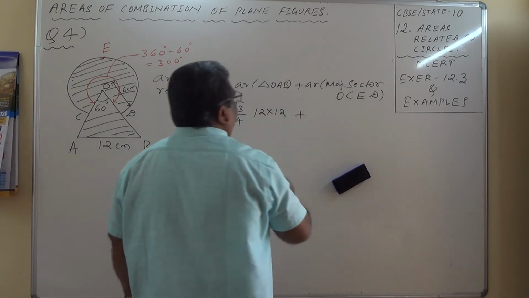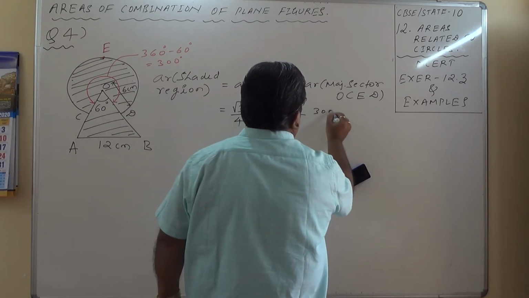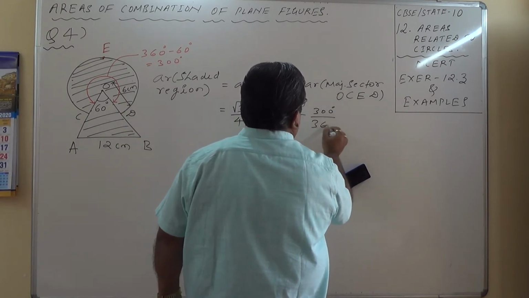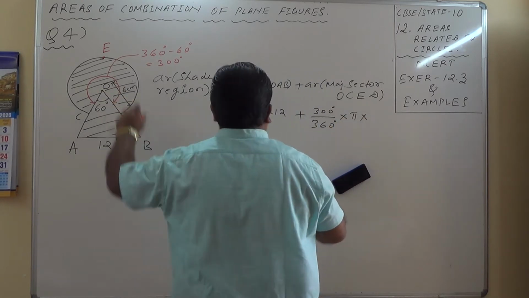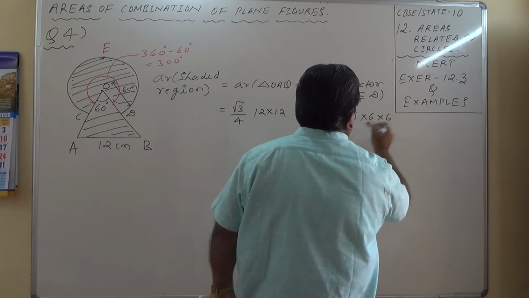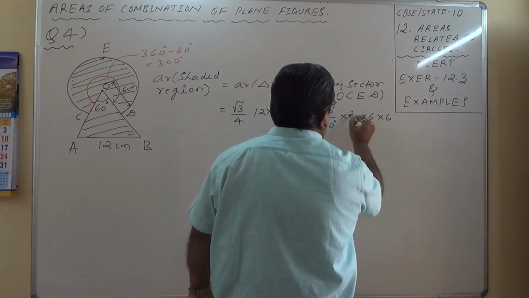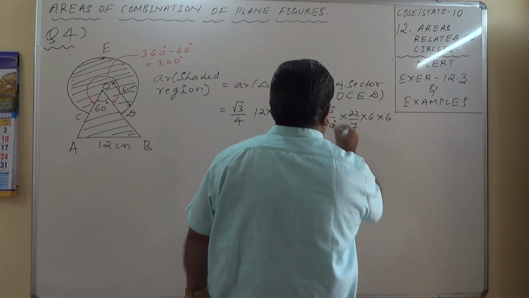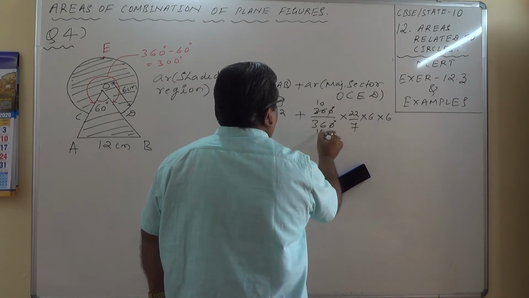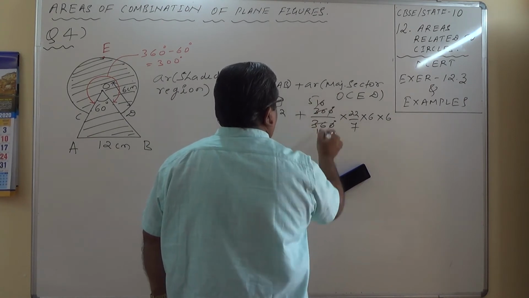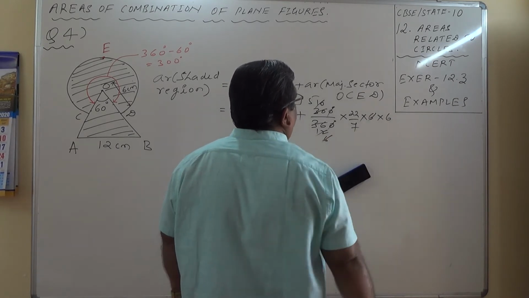Plus area of the major sector is 300 degrees divided by 360 into pi into r square. R is the radius, 6 into 6. And pi I will replace by 22 by 7. So here 3 12s are 36, 2 5s are 10, 2 6s are 12, 6 cancels.